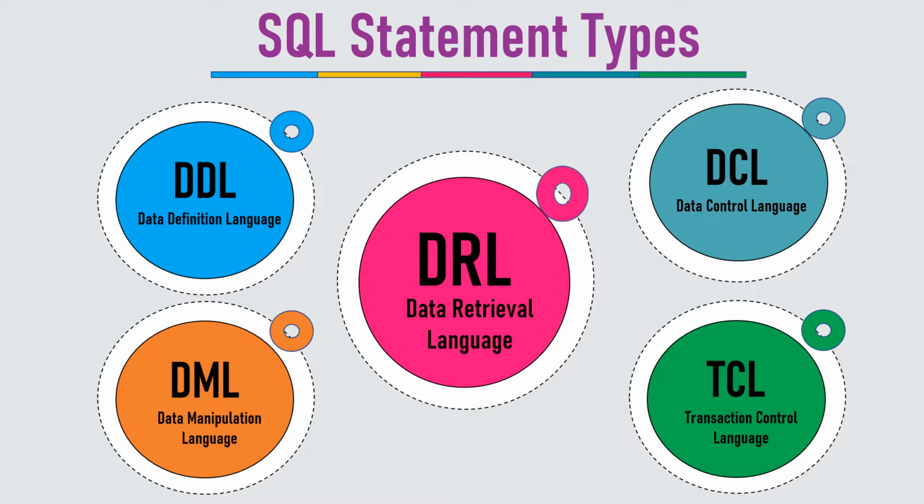So these are all the primary types of SQL statements, each serving a specific purpose in managing and manipulating relational databases. The use of these statements depends on the task it is going to perform, whether it's retrieving the data, defining the structure of the database, manipulating the data, or controlling the access and the transactions.